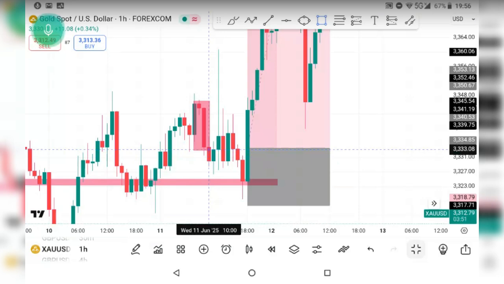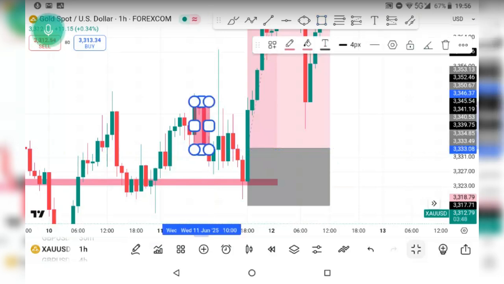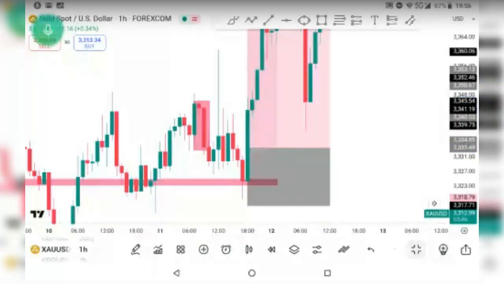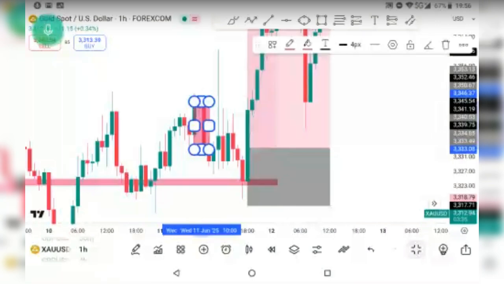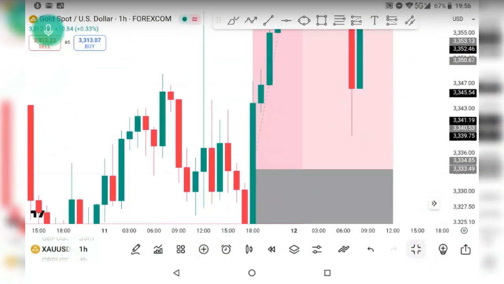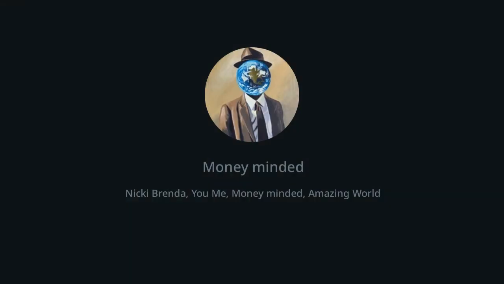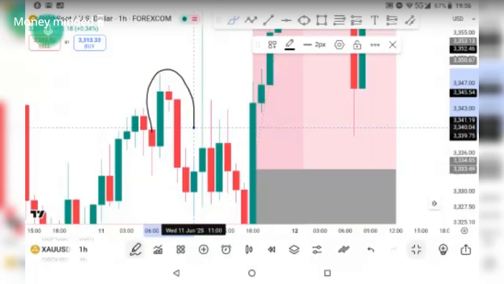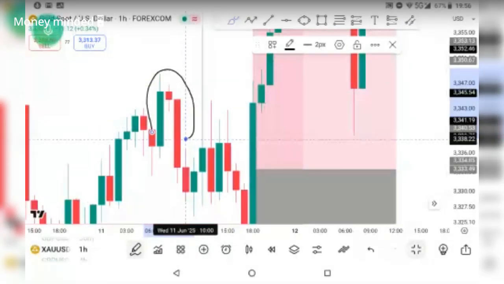It is a clear indicator that you should sell whenever you find this at your point of interest. Let me zoom it out. You can see how it looks like. That curvy shape should be there.